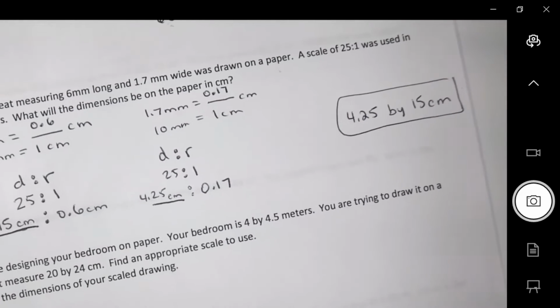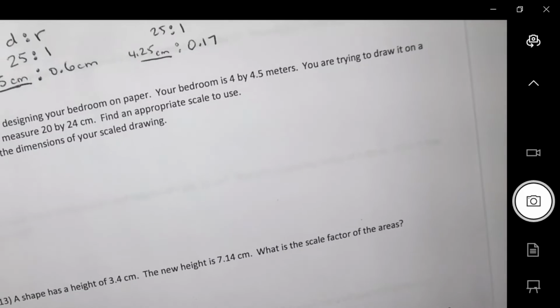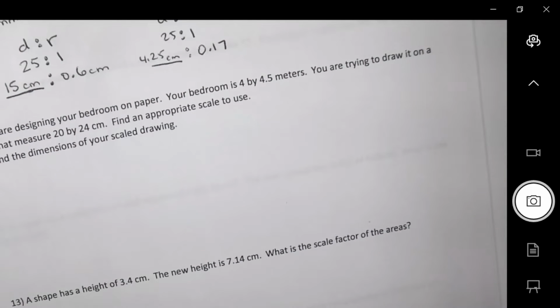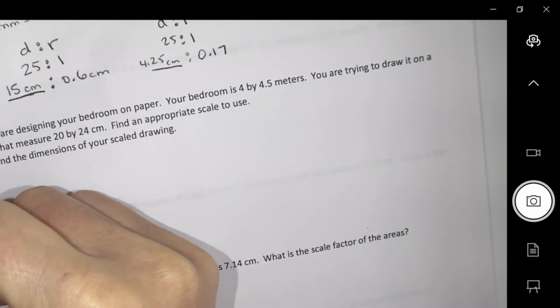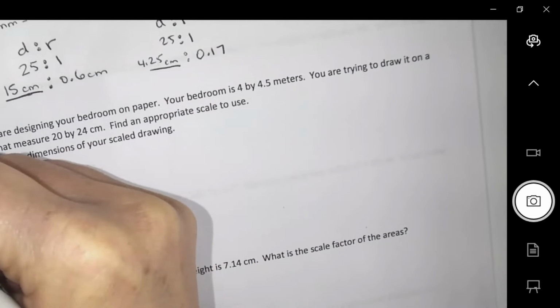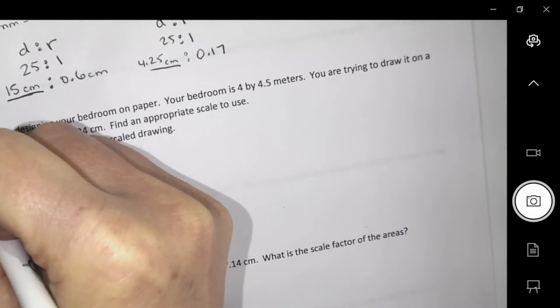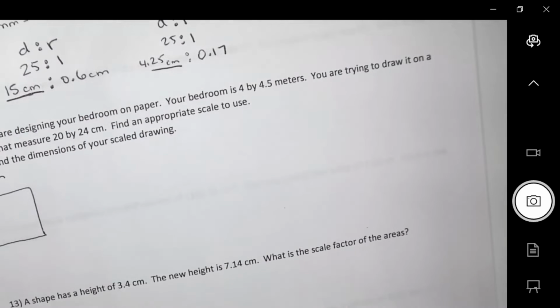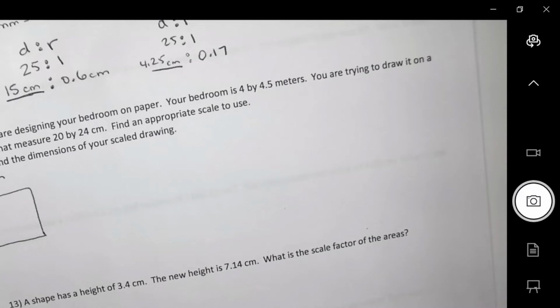Okay, number 12, finding an appropriate scale. Okay, so our bedroom is 4 by 4.5 meters, and we want to fit it onto a piece of paper. Okay, so this is my bedroom, 4 meters by 4.5 meters.